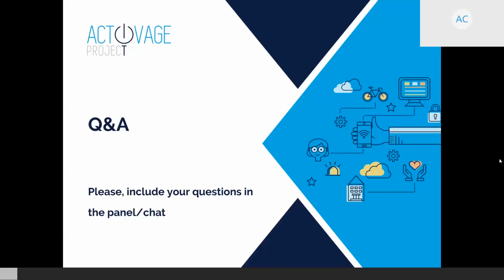There is another question. We have to contribute to the ACTIVAGE project. Can we know what are the current applications? Sorry, I don't understand the question. In terms of technical applications, or in terms of how we are currently applying the project?